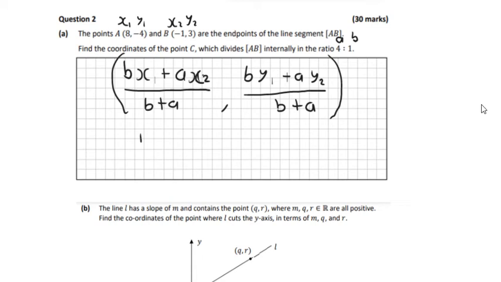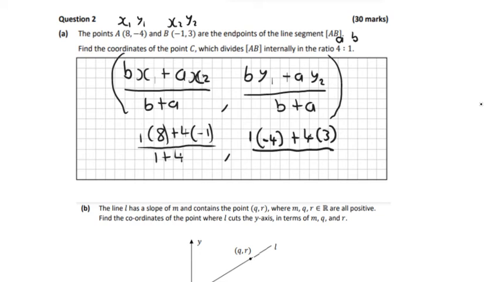So you should get 1 times 8 plus 4 times minus 1 over 1 plus 4, then 1 times minus 4 plus 4 times 3, all over 1 plus 4 again.